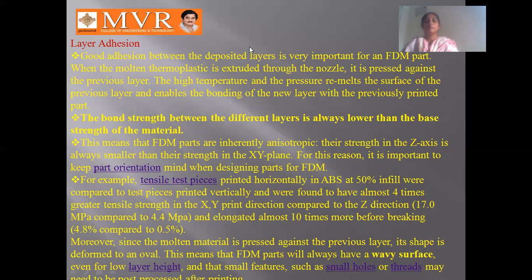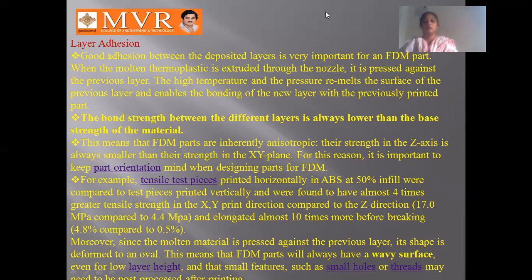For example, tensile test pieces printed horizontally in ABS at 50% infill were compared to test pieces printed vertically, and were found to have almost 4 times greater tensile strength in the XY print direction compared to the Z direction.